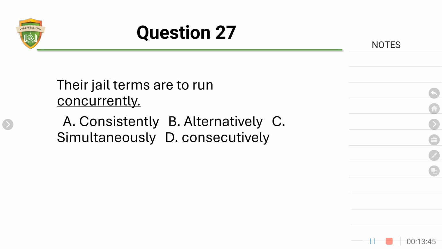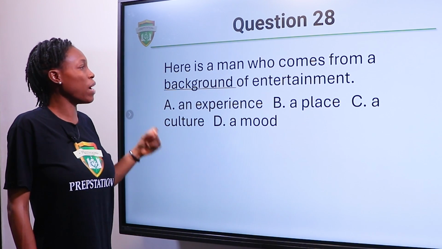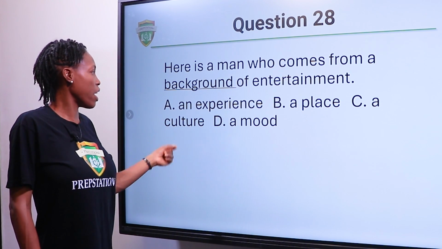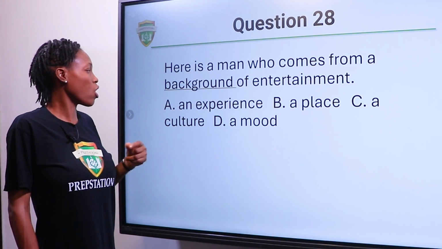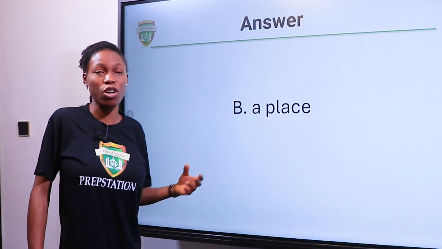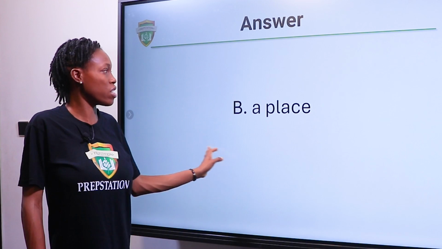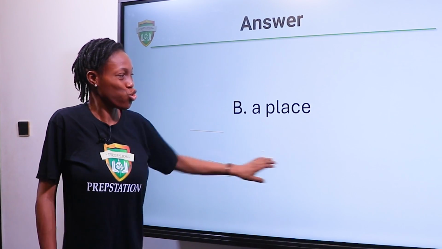Okay? Question 28. Here is a man who comes from a background of entertainment. A, experience, B, place, C, culture, D, mood. The answer to this question is place. It comes from a place of entertainment, looking at the context in which the word is used.